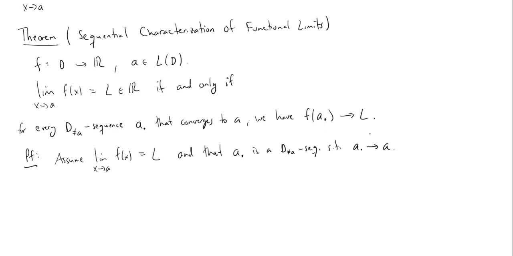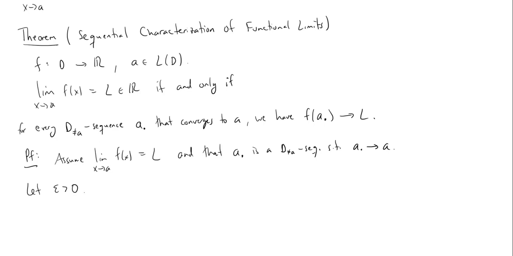To show this kind of convergence, we need to put an L coin around L. We do that by picking an epsilon. And we need to find a tail of the sequence f of a-dot which is contained in this L coin. Well, what do we know?